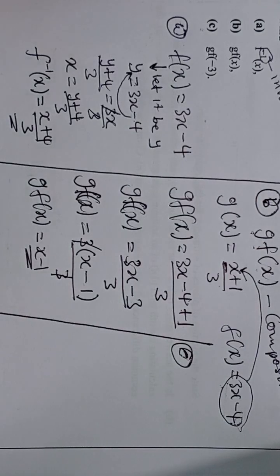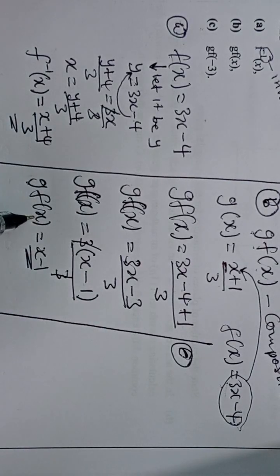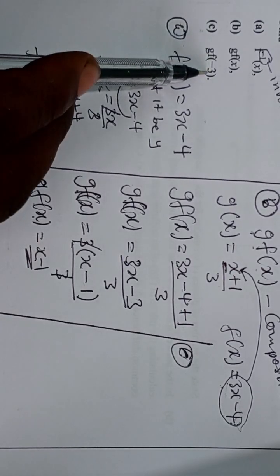But C, find g f of negative 3. So we already have g f of x. So we are going to use g f of x to find the g f of negative 3.